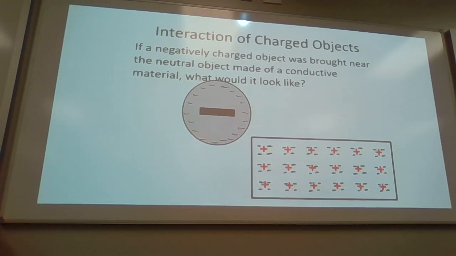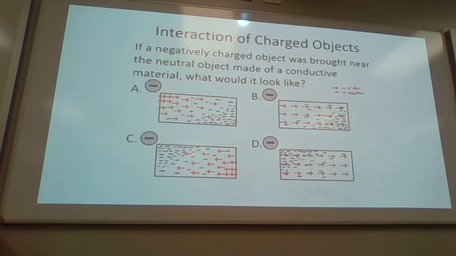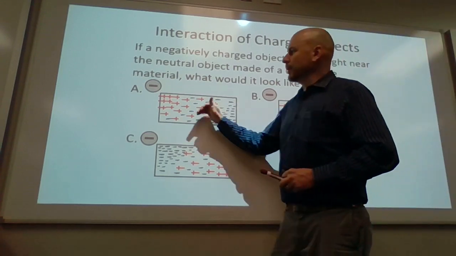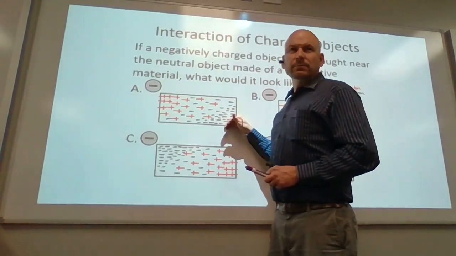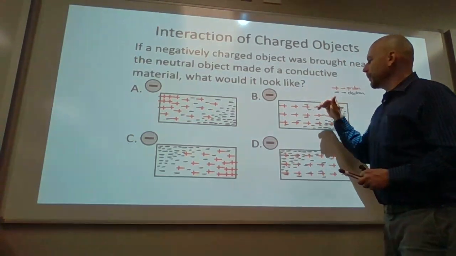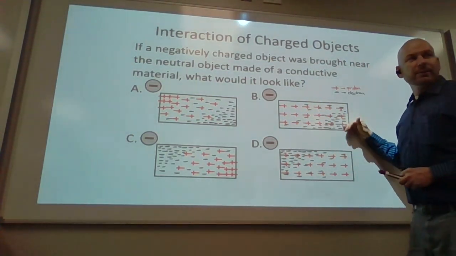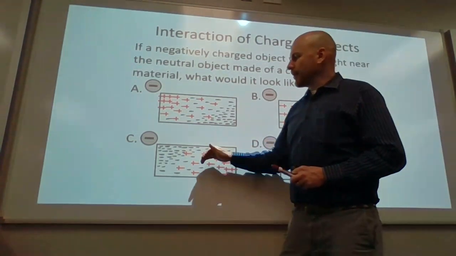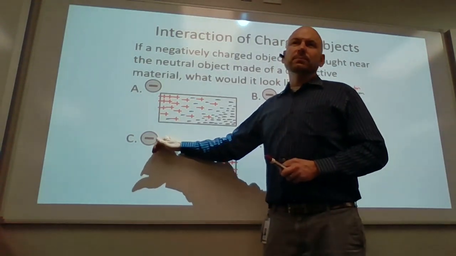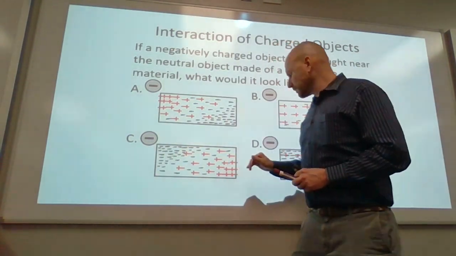What do you think happens microscopically when we bring this negatively charged object near this neutral piece of metal? Here are your options. Do the protons move towards and electrons move away? Do protons stay put and electrons move away? Do electrons go towards and protons move away?